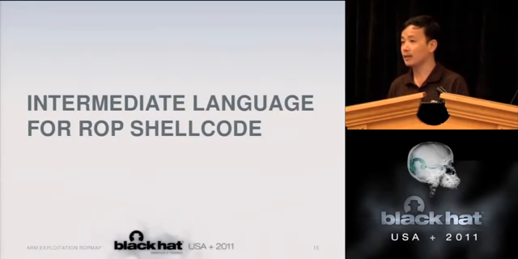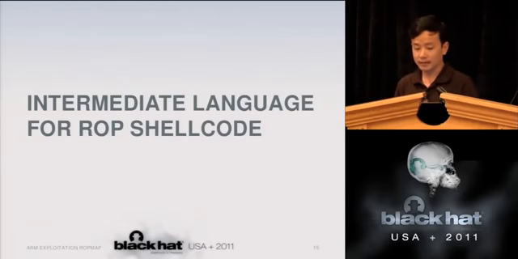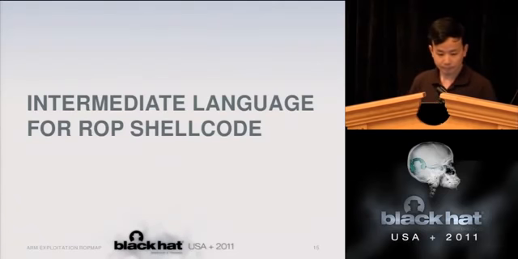So you can write the ROP shellcode in an easy way, and compile or assemble it to the payload automatically. That shellcode will be easy to understand, easy to maintain, and easy to implement yourself if you want to build your own toolkit.